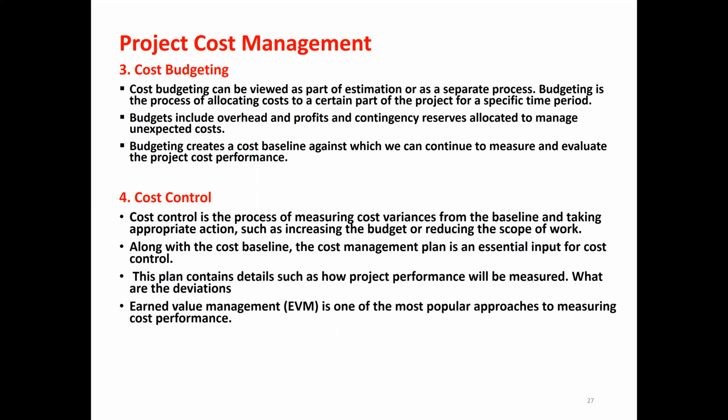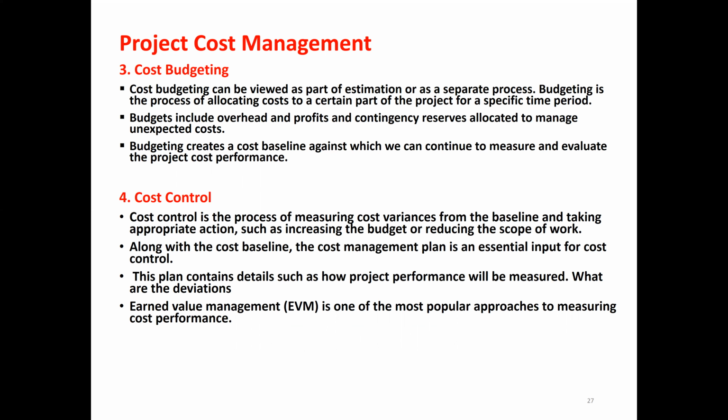Then once we have this bid price, we should apply the cost control. Cost control is the process of measuring cost variations from the baseline and taking appropriate action, such as increasing the budget or reducing the scope of the work, to complete the project on time or according to the budget available. Along with the cost baseline, the cost management plan is an essential input for cost control.